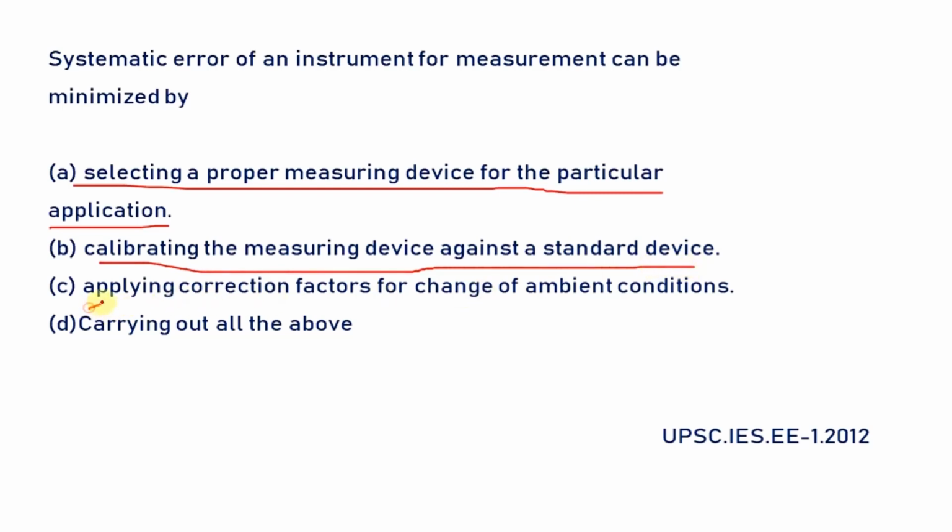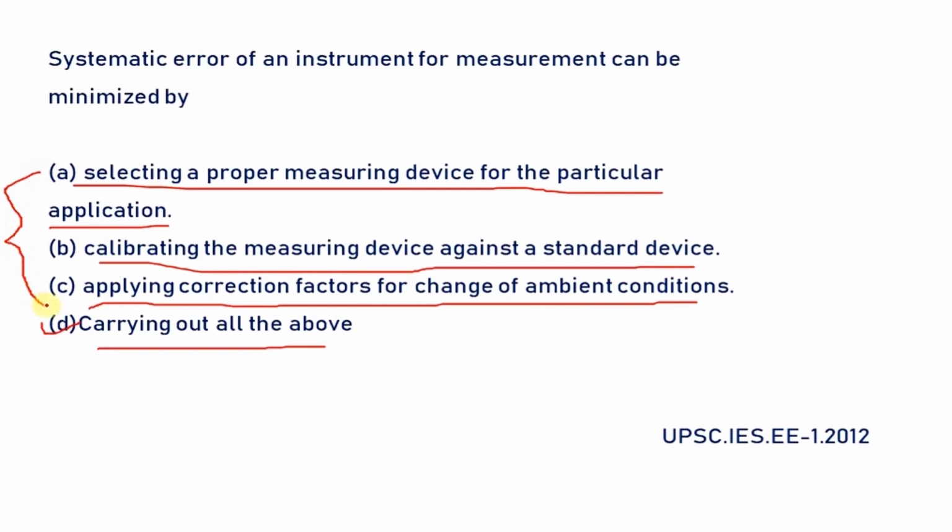Third option is applying correction factors for change of ambient conditions, and the fourth is all of the above. So as you can clearly see, all these options can be done to make the error minimum. So the option will be the fourth option, carrying out all of the above. This is an important question which was asked in 2012. Let's go to the next question.